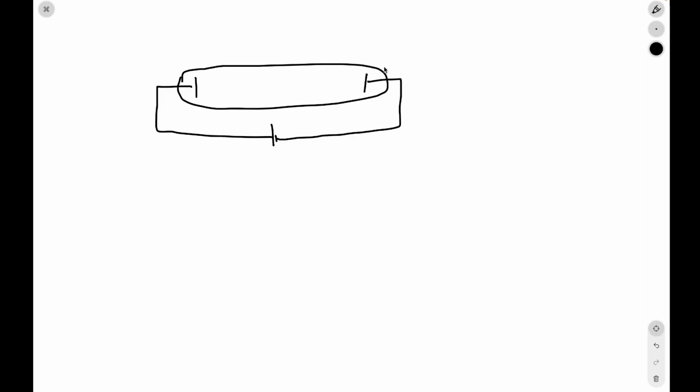One plate is the cathode, which is the negative plate, and the other is the anode, which is the positive plate. This is a cathode ray tube. Now he applied high voltage across these plates. He noticed a beam of light appeared from the cathode and moved towards the anode.